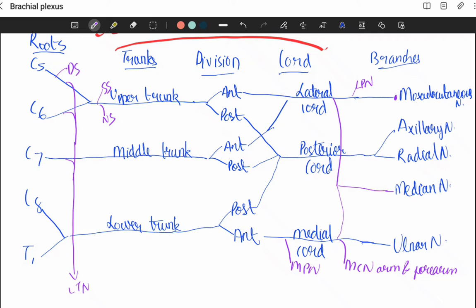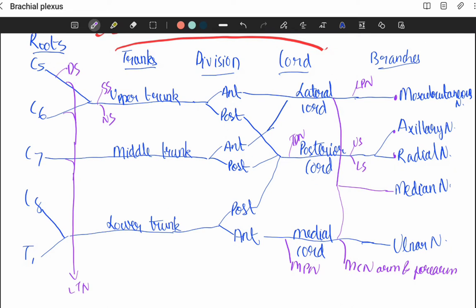From the posterior cord, we got the branch to axillary and radial nerve. Then we also got the thoracodorsal nerve, upper subscapular nerve and lower subscapular nerve. Okay, so basically this is what brachial plexus is, right?